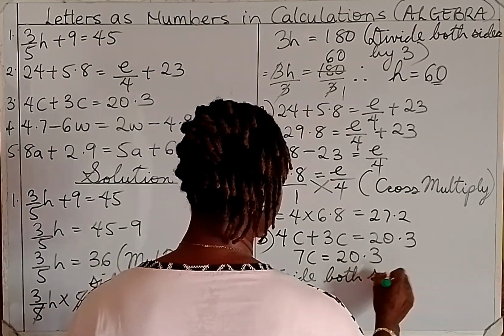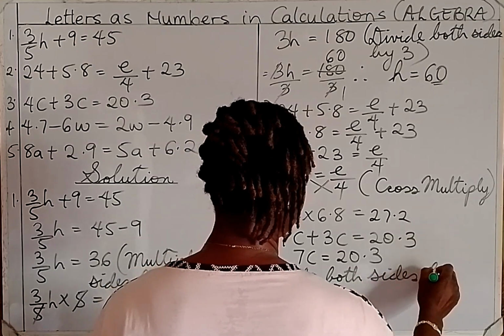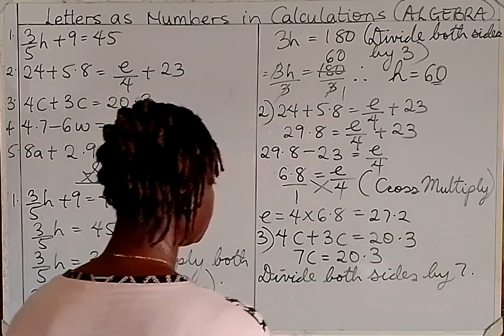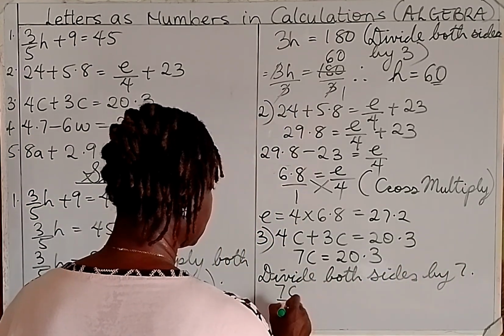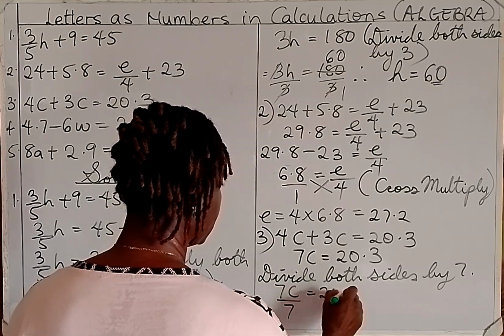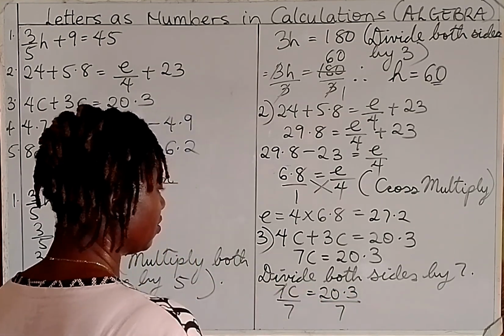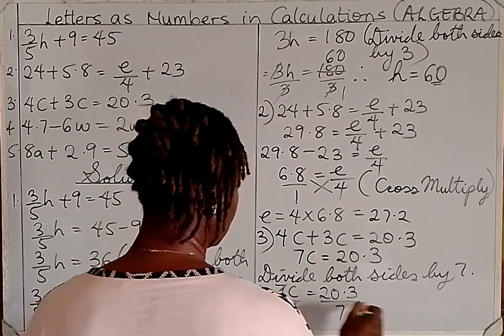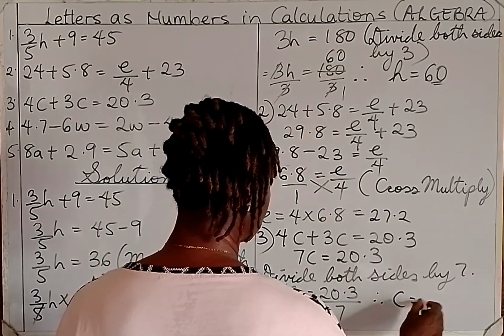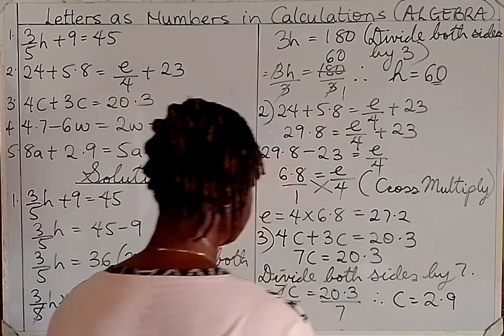Then 7c divided by 7 equals 20.3 divided by 7. 7 cross out what? 7. Then c equals what? 2.9.